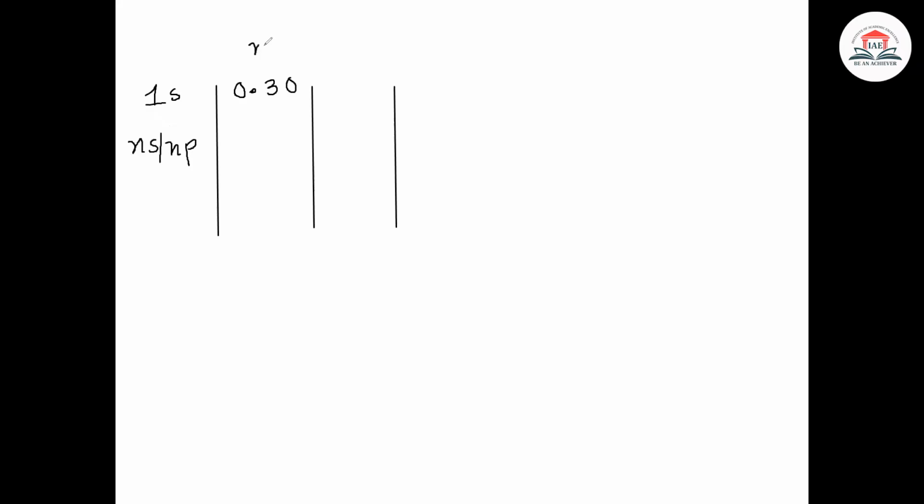for the N shell, মানে valence shell এর জন্য, that's it. For the valence shell, the value is 0.35. For the n-1 shell, okay, মানে let's say you have to find out the value.